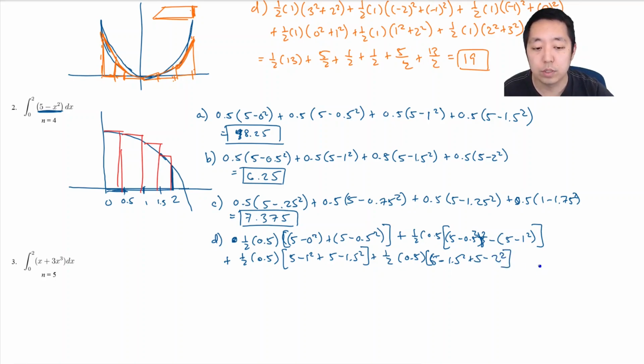1, 2, 3, 4. So those are my 4 rectangles, four trapezoids. Okay, so as you can see, they get a little bit tedious to do eventually. So you're going to do 5 plus 5 minus 0.5 squared.